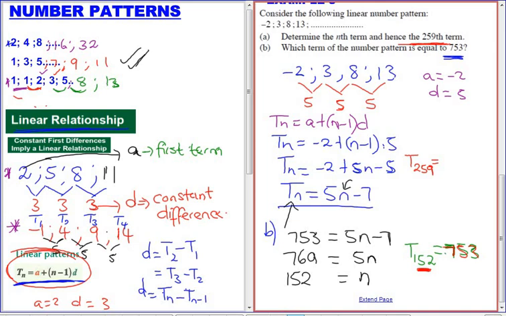So you would like to find the term itself that is at that position. So you go and substitute into this formula. Again, you say 5 by 259, and then don't forget to subtract 7. Okay, let's just use the calculator. Getting 1,288. So that's what you're getting right there. And it's linear patterns, easy things to do really.